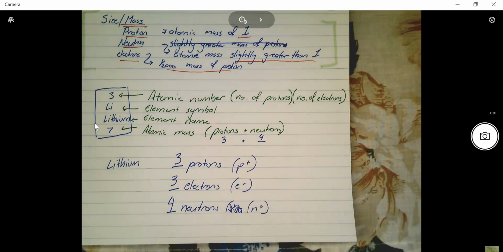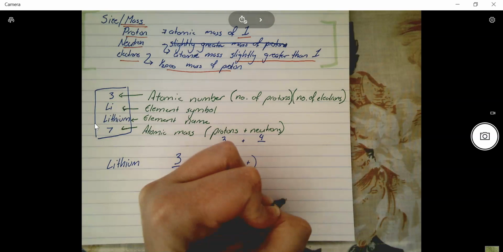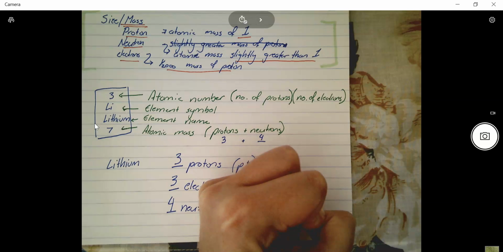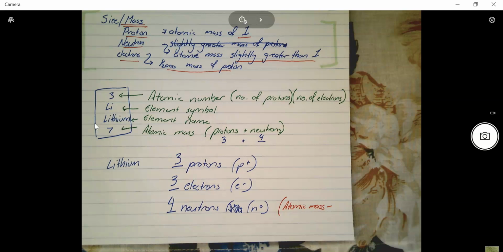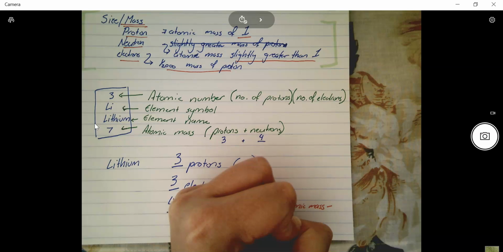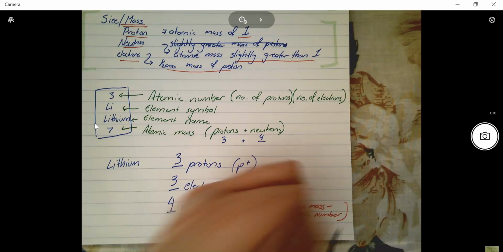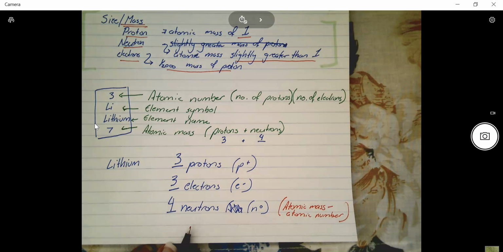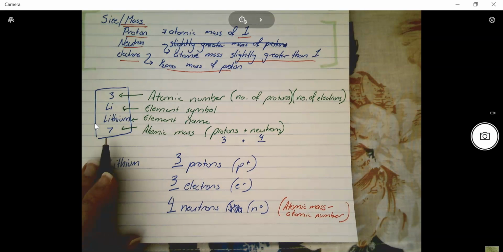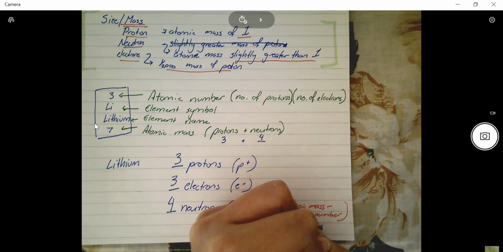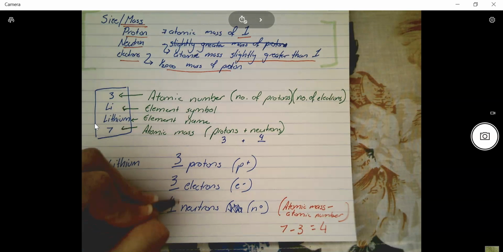Another sum you can do, which is a little bit quicker, is you just do the atomic mass minus the atomic number. Same thing. So for neutrons, we have 7, the atomic mass, minus the atomic number, which is 3. So 7 take 3 equals 4. That's 4 neutrons.